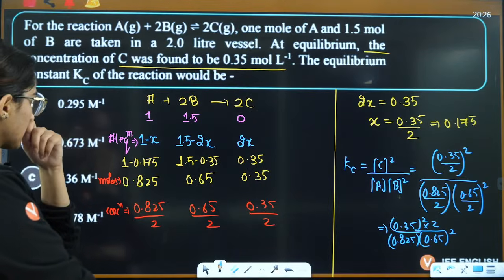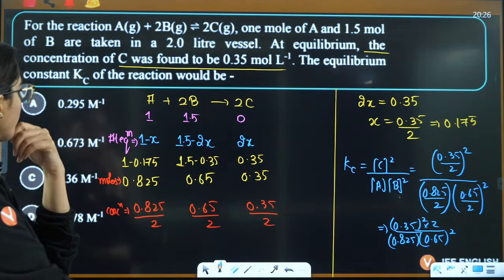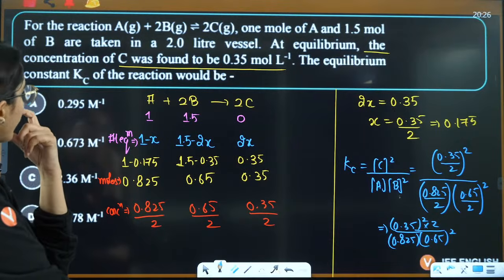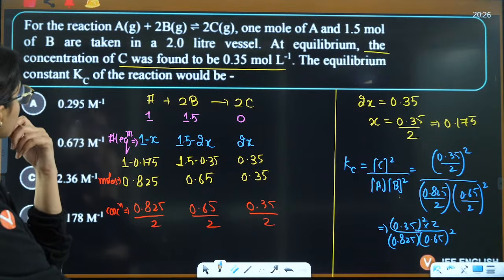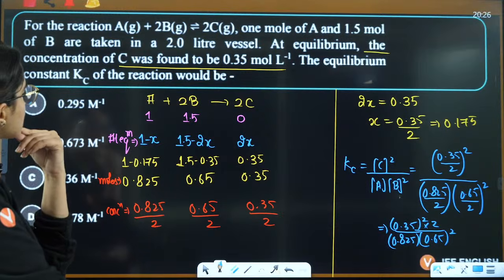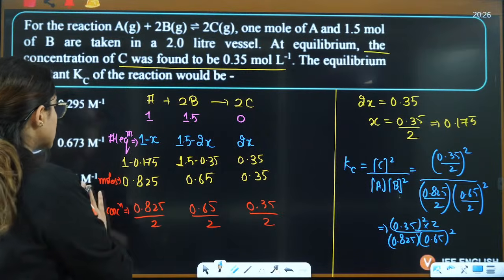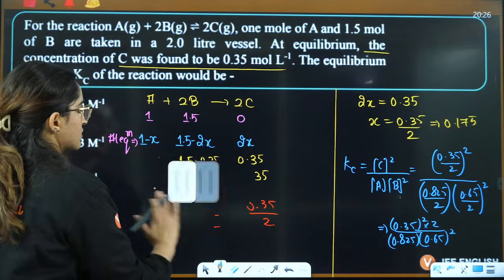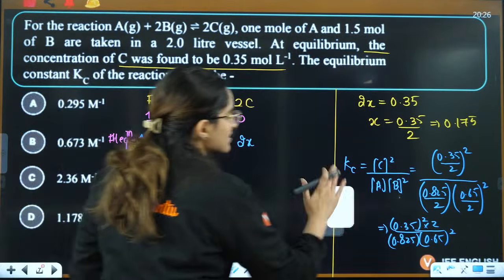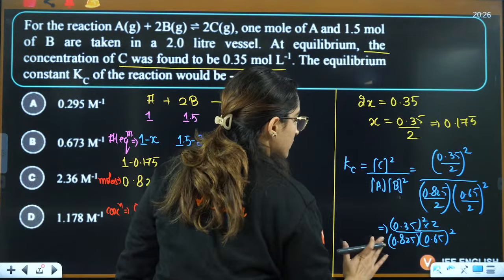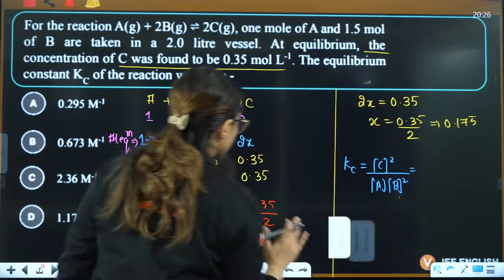If you see this, I have taken moles here. I should have taken concentration because they have given me concentration is found to be this. That is wrong. Wait a minute. And that's why I was thinking they have given this much complicated values. Wait a minute.